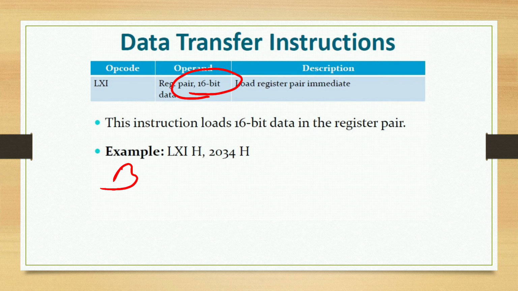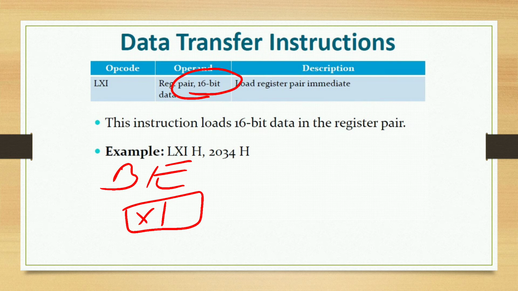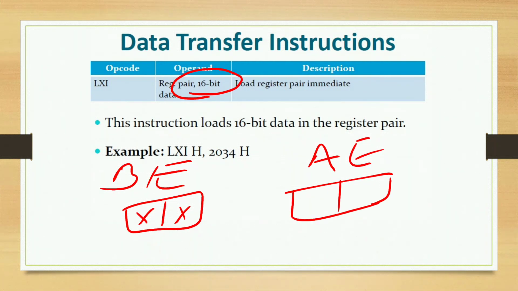Before execution, in the HL pair there is no data. After execution, in the HL pair is 2034. It means 2034 is loaded into the HL register pair.